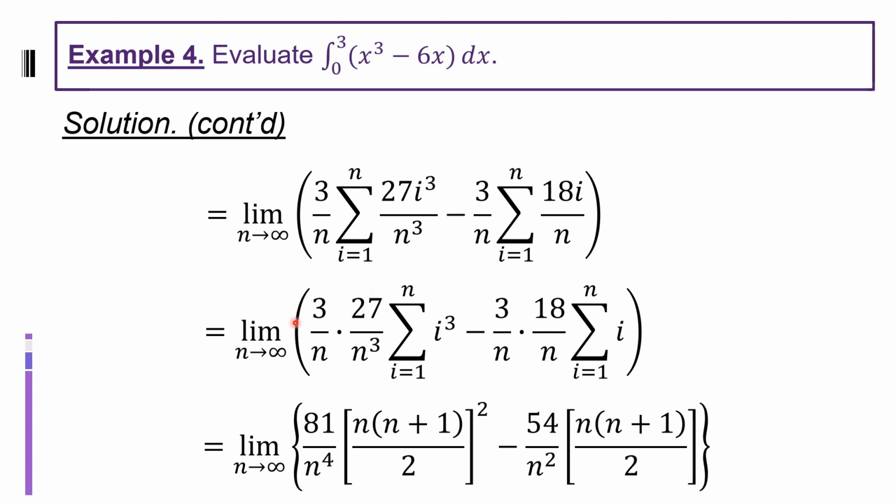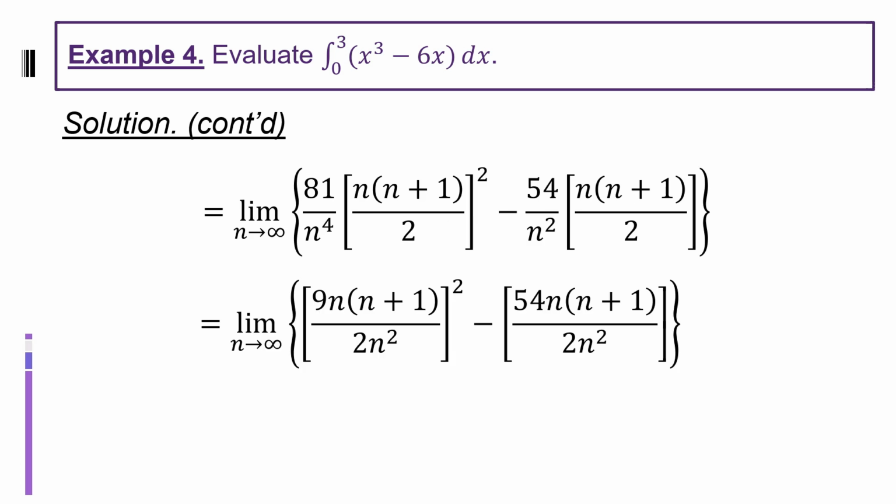So we now have, by simplifying this, the limit as n approaches infinity of 81 over n raised to 4 times yung equivalent nito na square of n times n plus 1 over 2 minus 54 over n squared times yung equivalent nito na n times n plus 1 over 2.